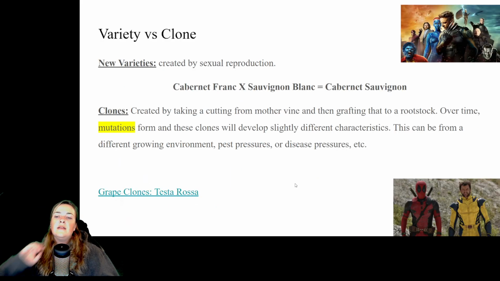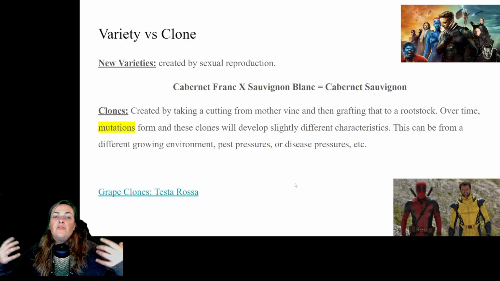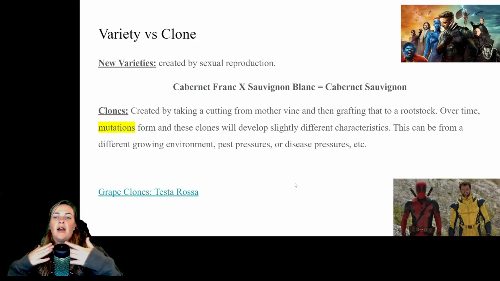Okay. This brings up another really important point for the viticulture side, which is the difference between a variety versus a clone. So new varieties are produced by sexual reproduction, right? So Cabernet Franc and Sauvignon Blanc crossed to create Cabernet Sauvignon.